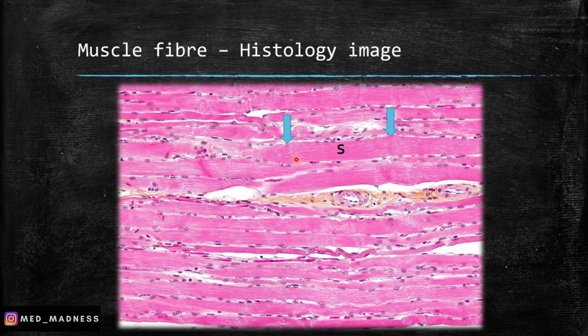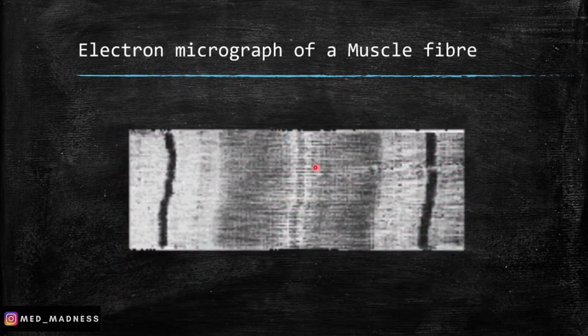Alright, so next image I'm going to take the EM of the sarcomere because that is a very important image. Okay, so this is one Z line, this is another Z line. In between the Z lines you call it the sarcomere. If you analyze the sarcomere, you can see alternate bands of light zone and dark zone, light zone and dark zone, and so on.